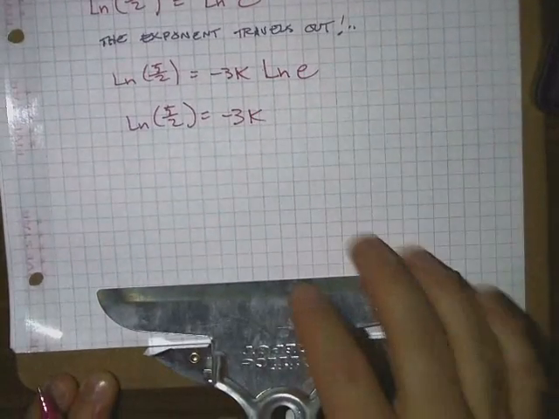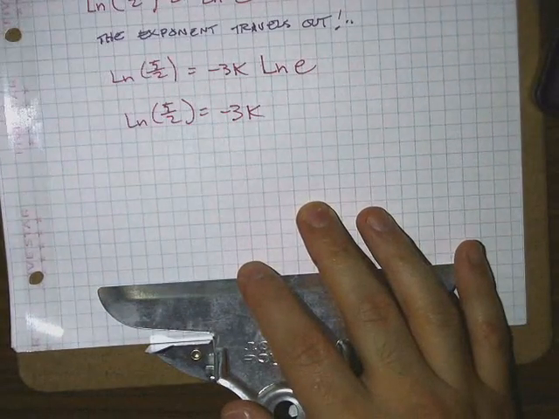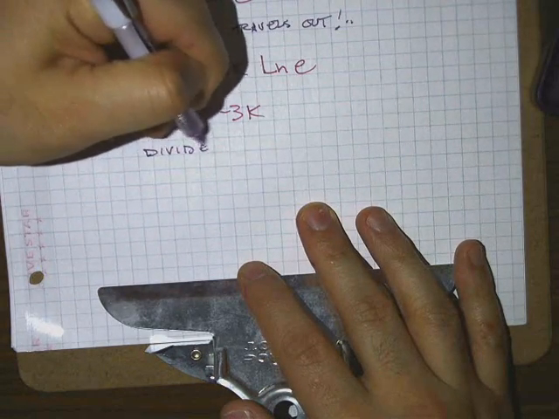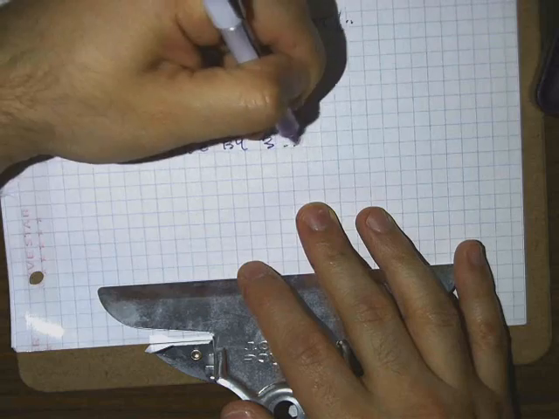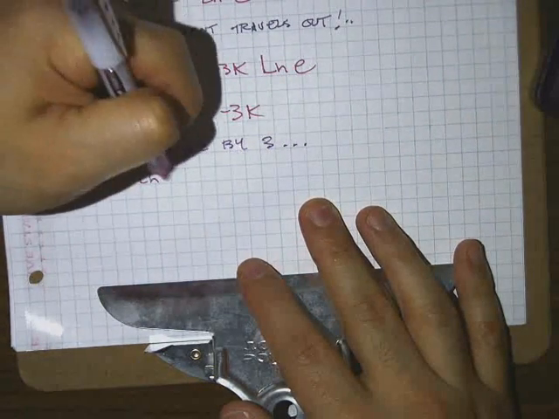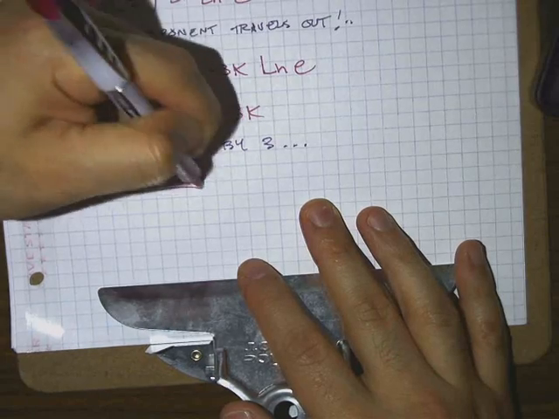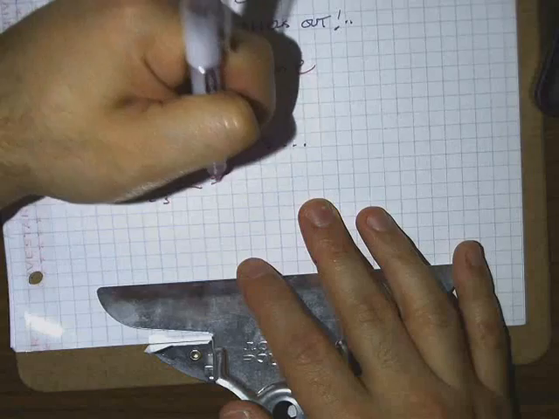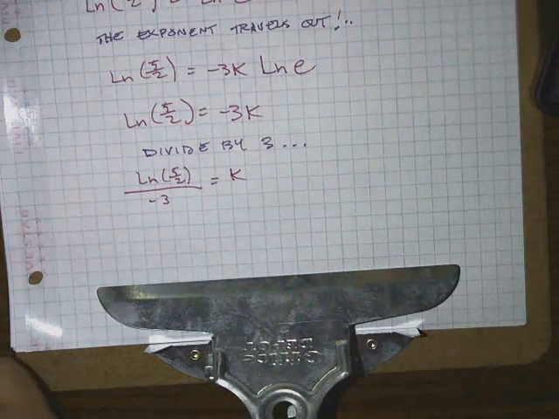So to solve for k, we're going to divide by negative 3, and we're going to wind up with ln of 5 over 2 divided by negative 3 is equal to k.